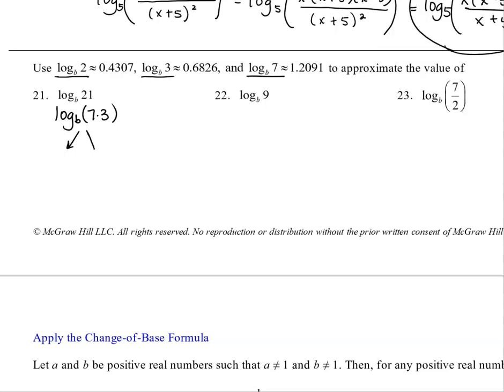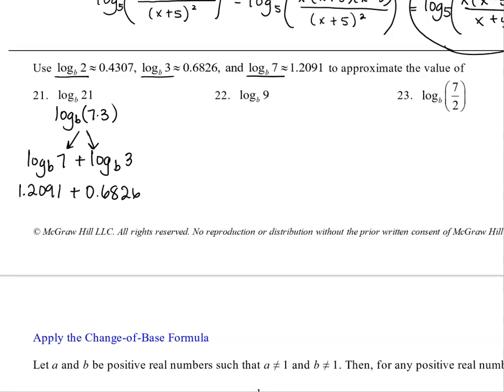So because I can write that as a product, I can then apply the product rule to break this down into log base b of 7 plus log base b of 3. And we know that log base b of 7 is 1.2091, and log base b of 3 was given to us as 0.6826. And then we can add those to get our answer.